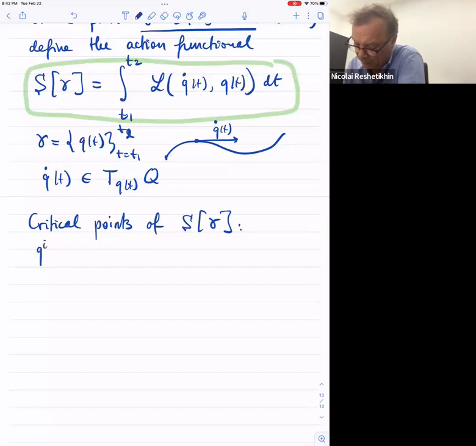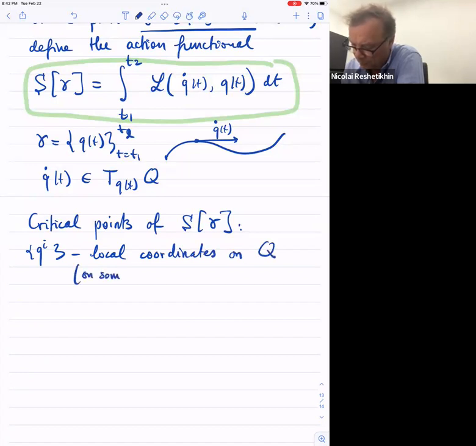Let's assume that, and from now on I will be very careful to choose upper indices for coordinates on Q, these are local coordinates on Q. Local means on some coordinate neighborhood U alpha.